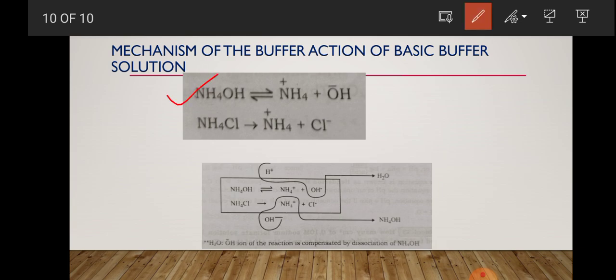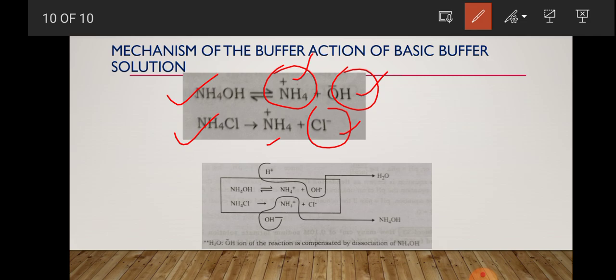Here ammonium hydroxide is weak base, and it is ionized partially and produces ammonium ion and hydroxide ion. On the other hand, ammonium chloride dissociated and produces ammonium ion and chloride ion. So here the buffer solution contains 3 ions, that is ammonium ion, hydroxide ion and chloride ion.